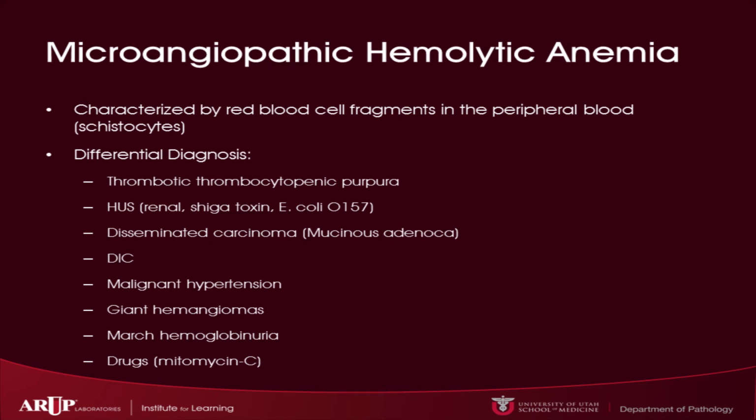Many carcinomas, disseminated intravascular coagulation because of the derangement of the coagulant proteins, and some of these are rare causes of schistocytes: malignant hypertension, some of the really big hemangiomas, hemoglobinuria, March hemoglobinuria, and drugs. Drugs are one of the common causes of schistocyte formation.